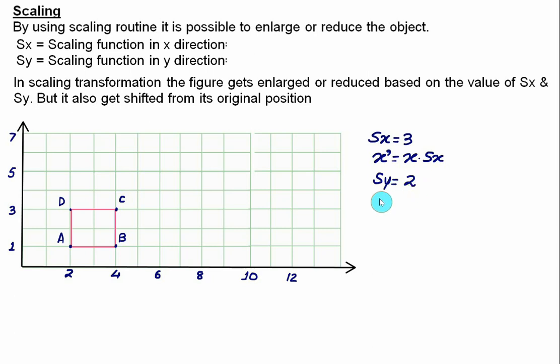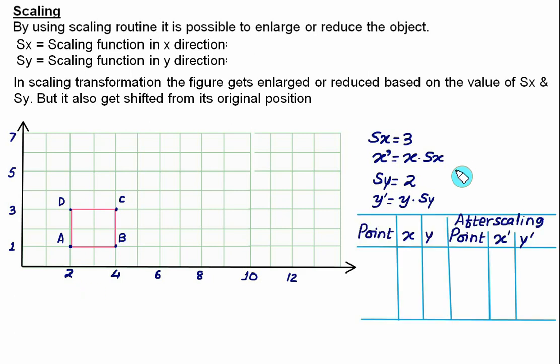So we can calculate the new coordinate y prime using y, the original coordinate, multiplied by the scaling function in the y direction, Sy. So you have to transform all the points A, B, C, D, and you can show what the new position obtained by scaling is. Since here Sx and Sy are greater than 1, the new rectangle will get enlarged.